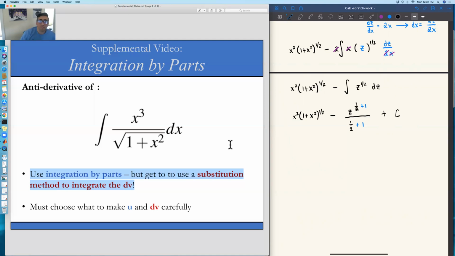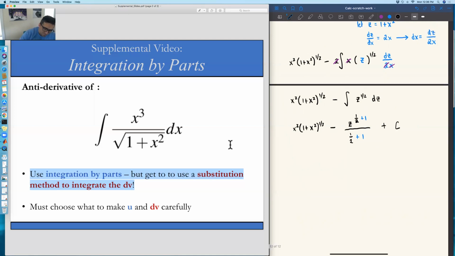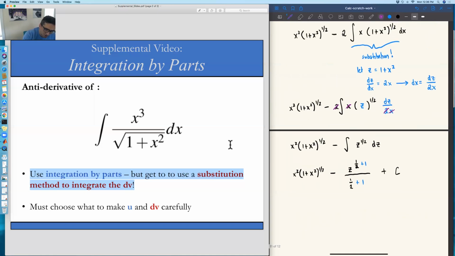So the last step that we get to do is, well, z isn't the variable that we want our antiderivative in terms of. We want to go back to the original variable, which was x. So if we just remember, that was using this substitution where z was equal to 1 plus x squared. So anywhere there's a z in this antiderivative, we get to replace that with a 1 plus x squared.